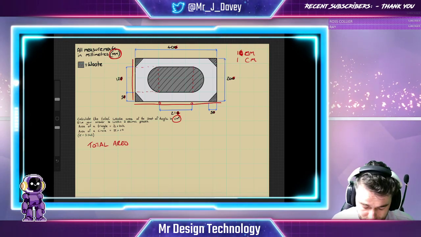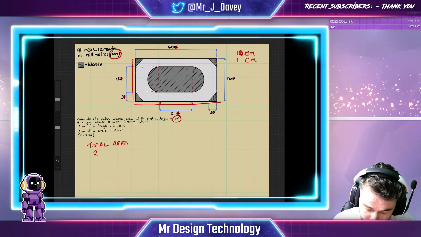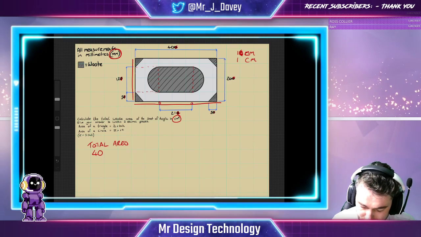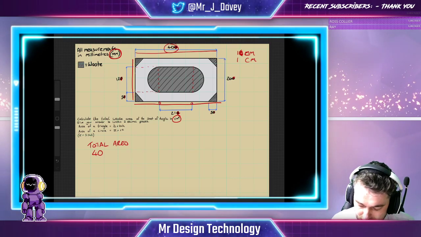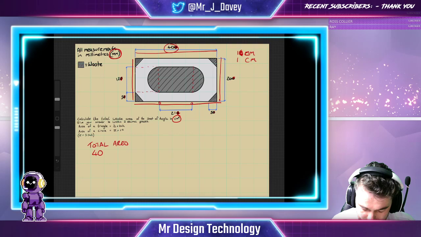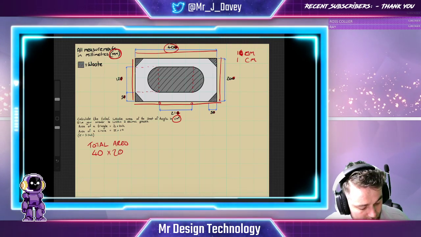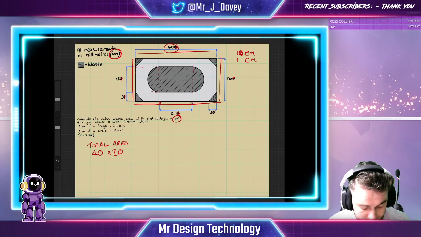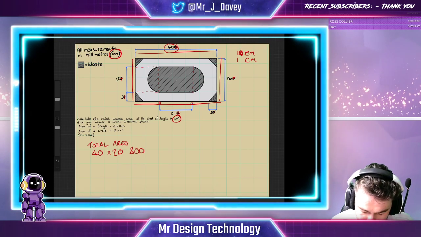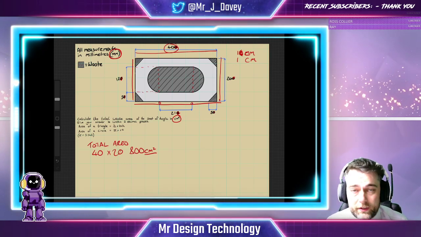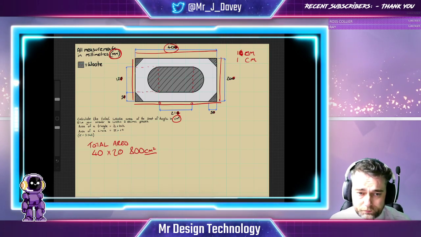In this case, we end up with 21, no we don't, we end up with 40, I'm going to get it wrong myself, 40, which is this one from here, by this one here, which is 20. So, crunch into the calculator 40 times 20, and that will give me 800 centimetres squared. We've got to put that unit of measure in there, otherwise we're going to be losing marks.